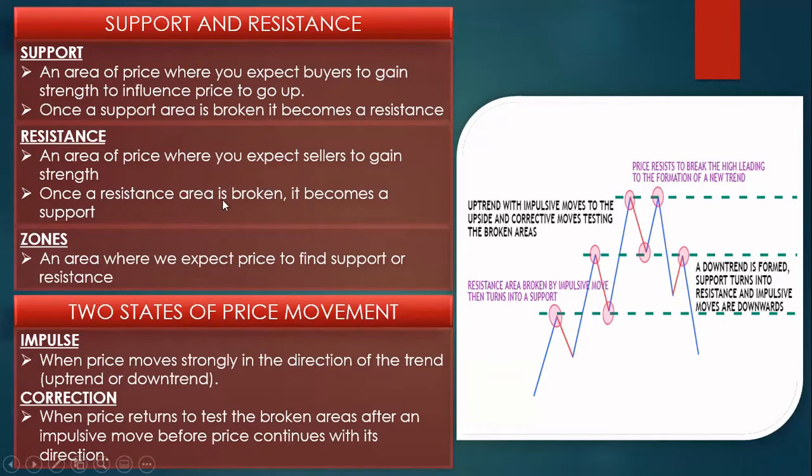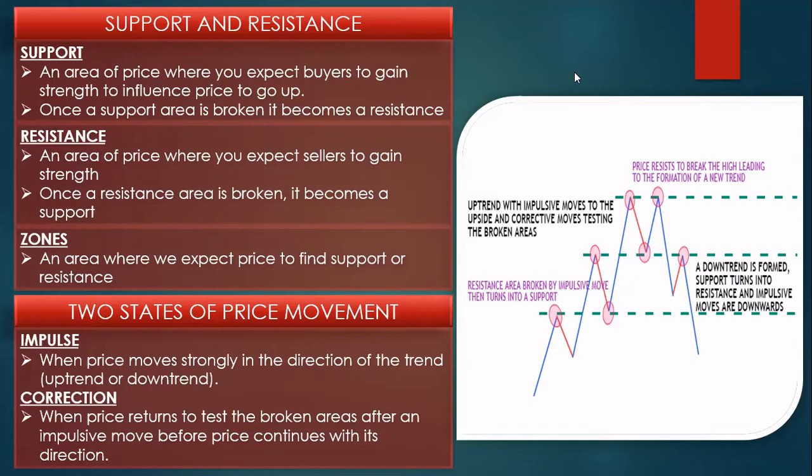Once a resistance is broken, it becomes a support. And then we have zones. Zones are an area where we expect price to find support or resistance. Let's see how these work on structures.